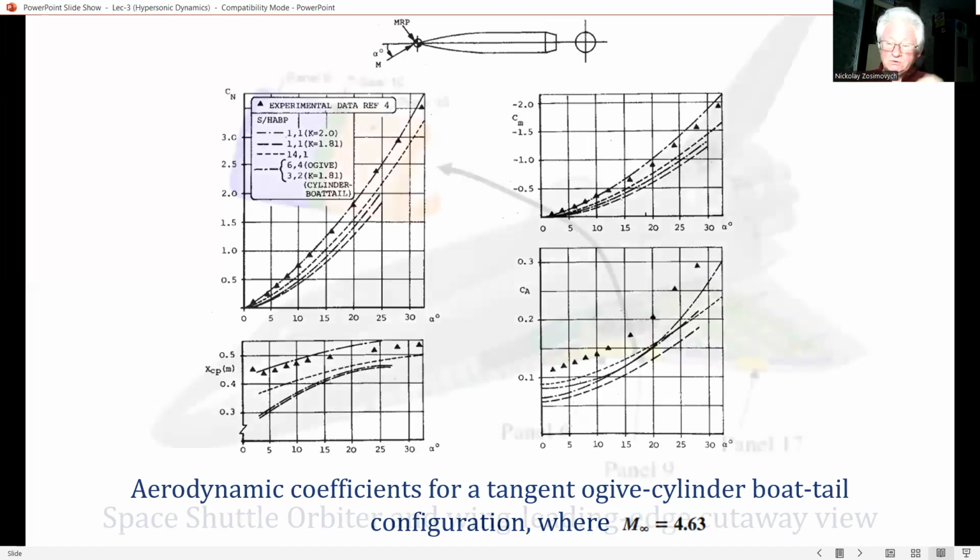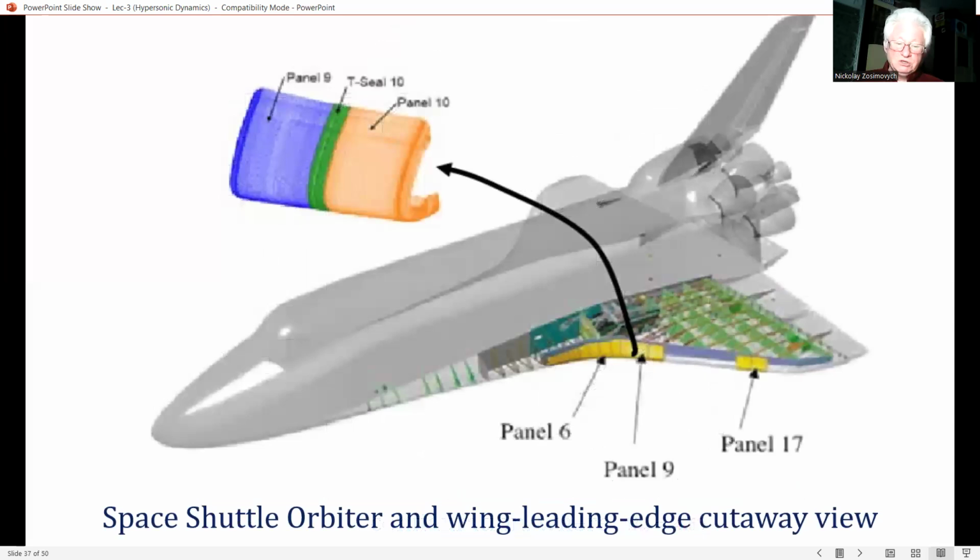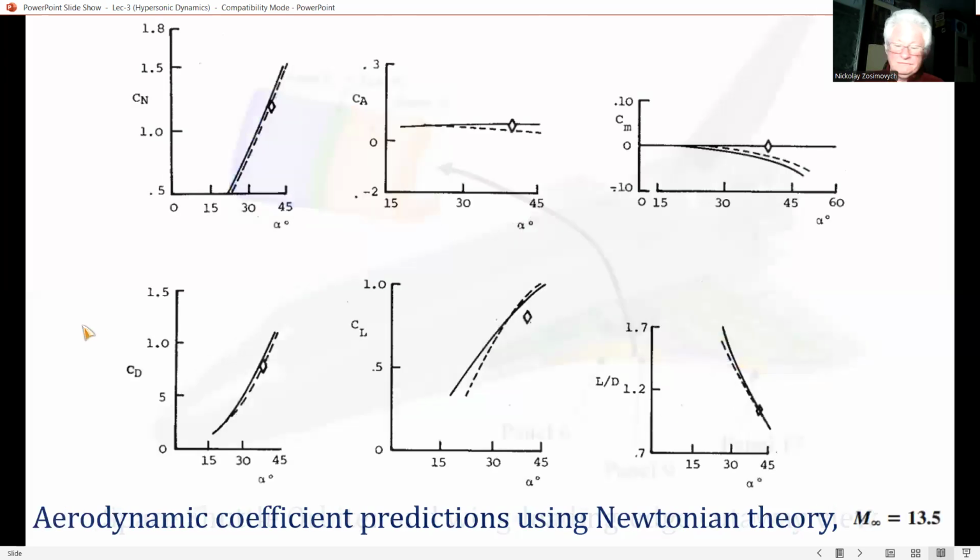So return to this slide, which shows the panel distribution for a space shuttle calculation. You see the several panels that we use in our calculation. Predicted aerodynamic data for the space shuttle at Mach 13 and a half, obtained from HABP, are compared with wind tunnel and flight data in this slide.